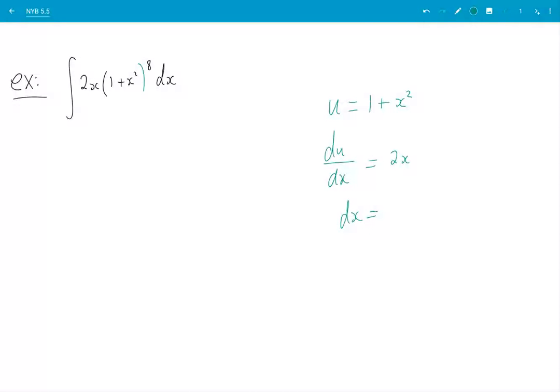Solve for dx. Okay, just like before, the inside function here gets replaced with u, and the dx gets replaced with whatever I found down here. Okay, nice cancellation again.